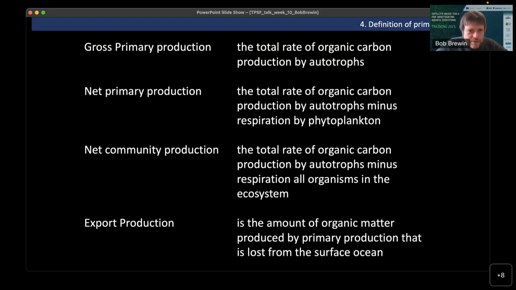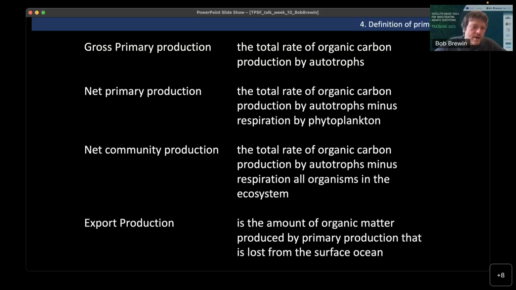Now, another term commonly used is net community production, and that is defined as the total rate of organic carbon production by autotrophs, by phytoplankton, minus the respiration by not only phytoplankton, but all the organisms in the ecosystem.